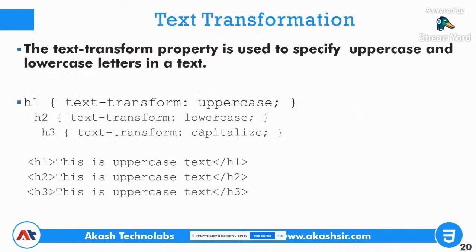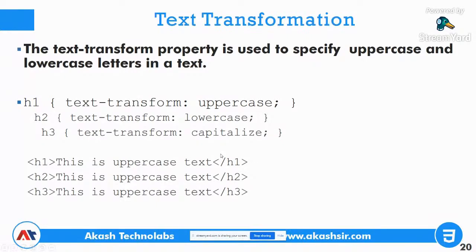Then next, text transformation. For an example, in most cases, we want to display our text in uppercase, maybe in lowercase, or maybe capitalized, right? So we have a text-transform property in which you can specify uppercase, lowercase, and capitalize. So your case will be changed to the respective values, right? For an example, if you are specifying uppercase, this text will be converted into uppercase.